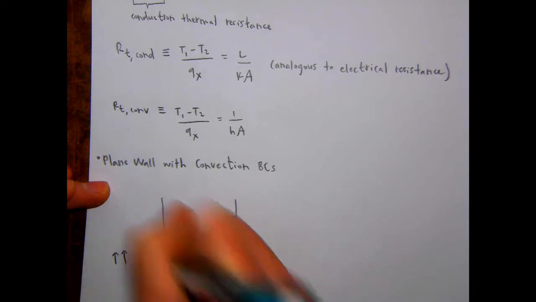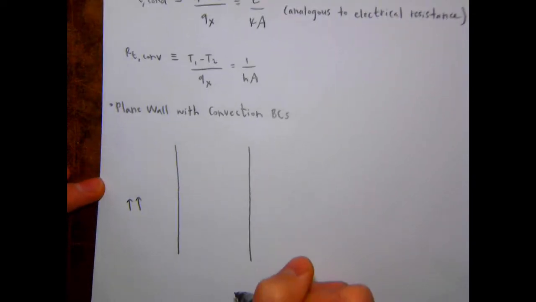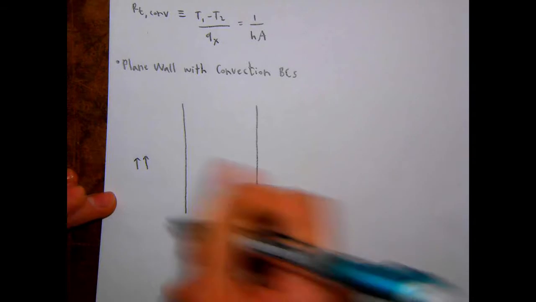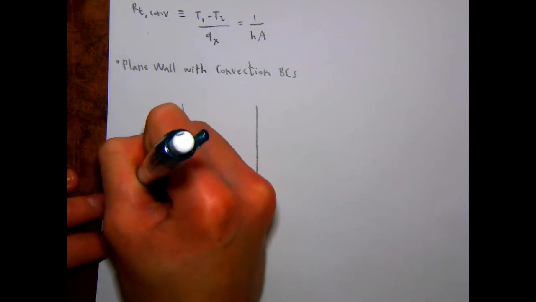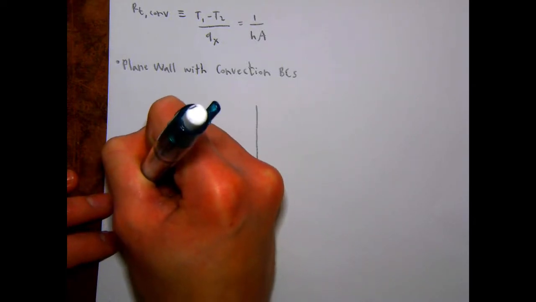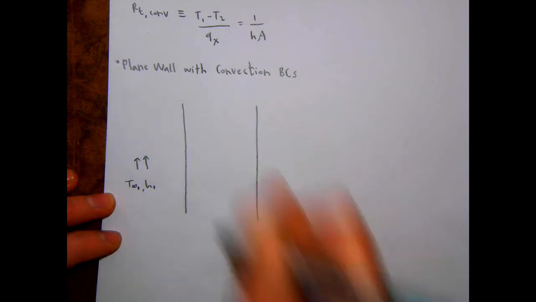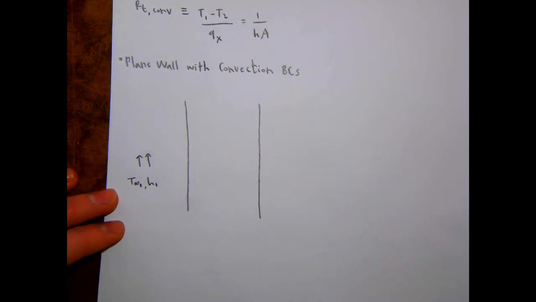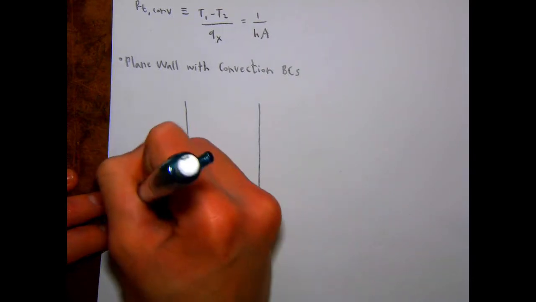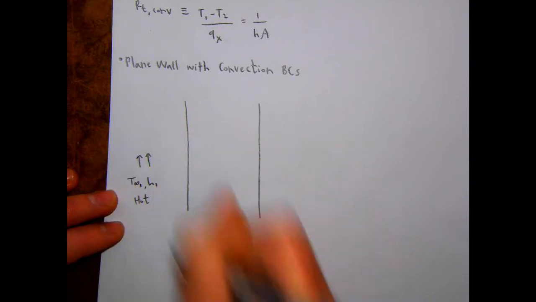So we've got some flow on the left side that has a temperature T infinity 1 and a convection coefficient H1. And we're going to say this fluid is hot.